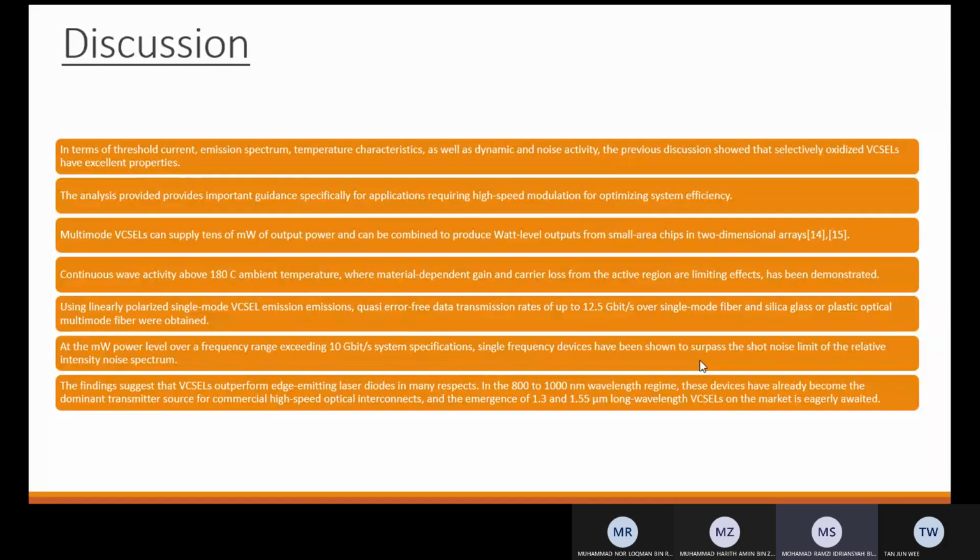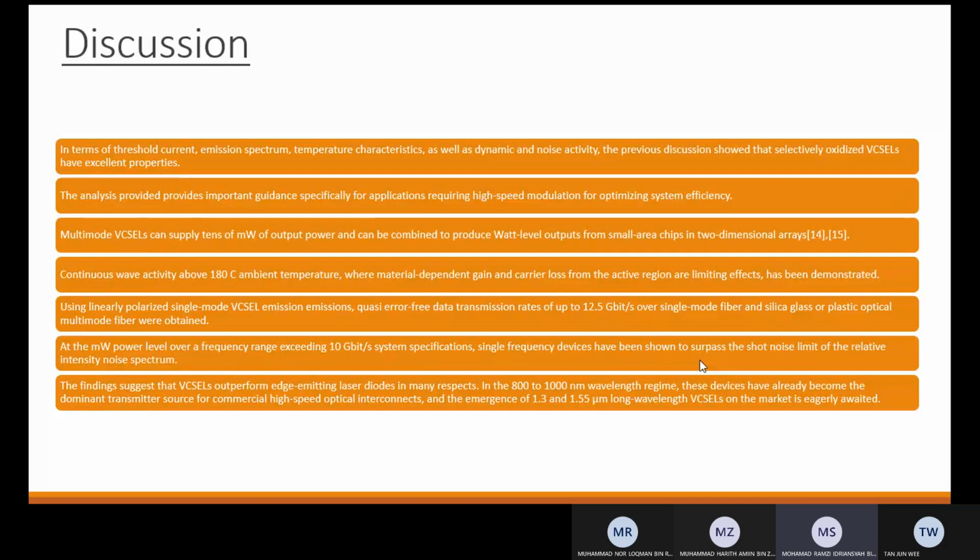Using linearly polarized single mode VCSEL emissions, error free data transmission rates of up to 12.5 gigabits per second over single mode fiber and silica glass or plastic optical multi-mode fiber were obtained, at the milliwatt power level over a frequency range exceeding 10 gigabit system specifications.